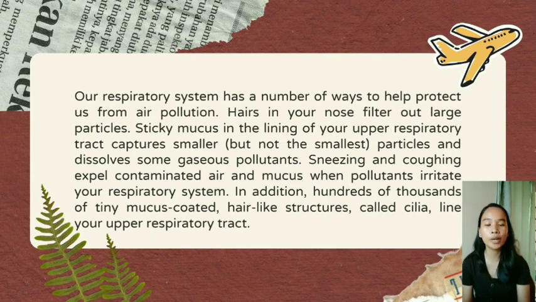Fine and ultrafine particles get lodged deep in the lungs, contributing to lung cancer, asthma attacks, heart attacks, and strokes. Years of smoking or breathing polluted air can lead to lung ailments such as chronic bronchitis and emphysema, which lead to acute shortness of breath.